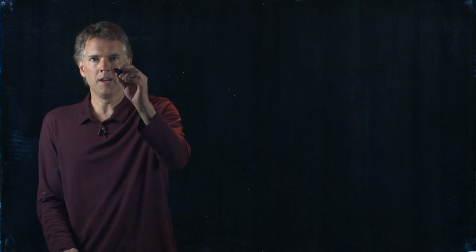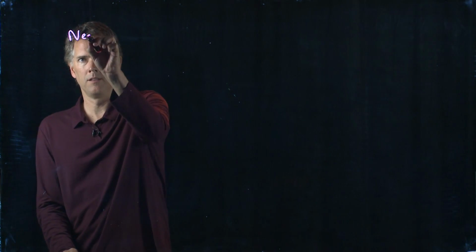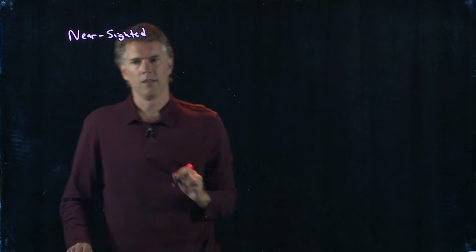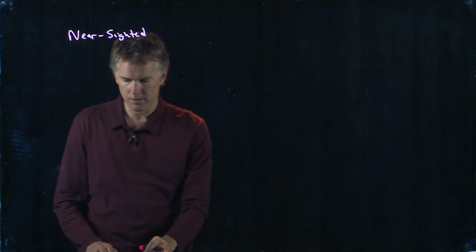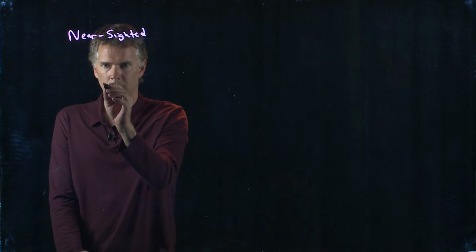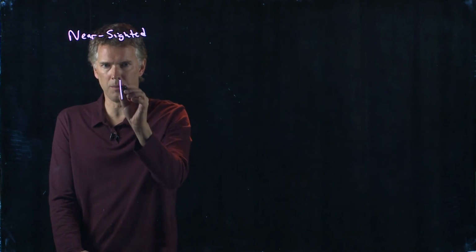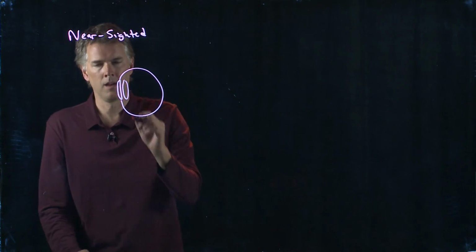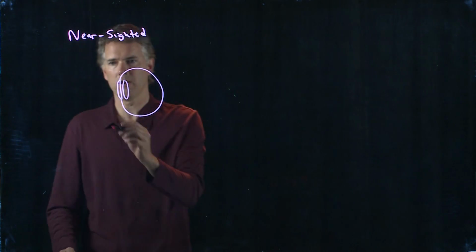Okay, so let's say you are nearsighted. If you are nearsighted, then you can see things that are near, which means if this is my eyeball, I can see things that are near.